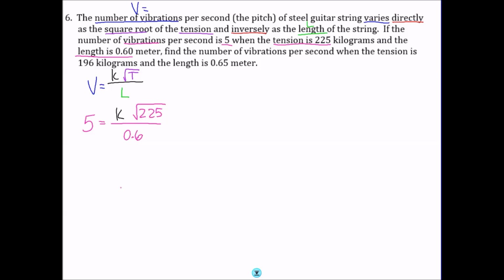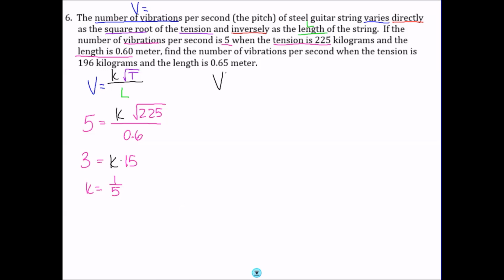We can start by multiplying both sides by 0.6. So I end up with 3 equals k times, and then the square root of 225 is 15. So then if I divide both sides by 15, I end up with k equals 1/5. Or if you prefer to write it as a decimal, you could say it's 0.2.